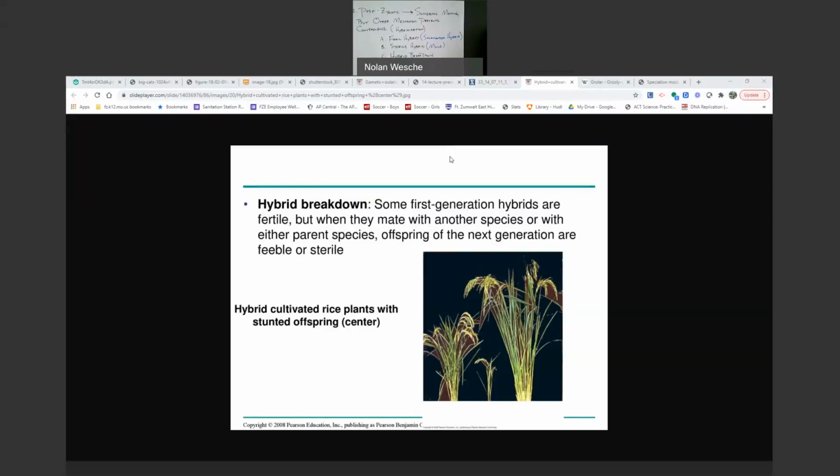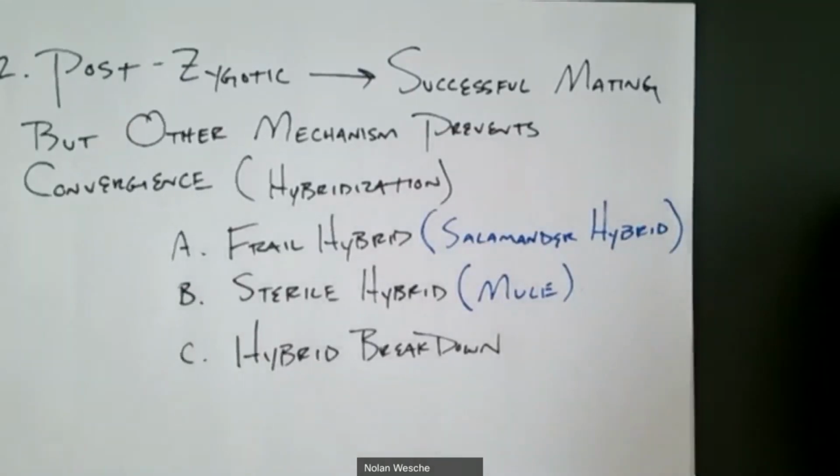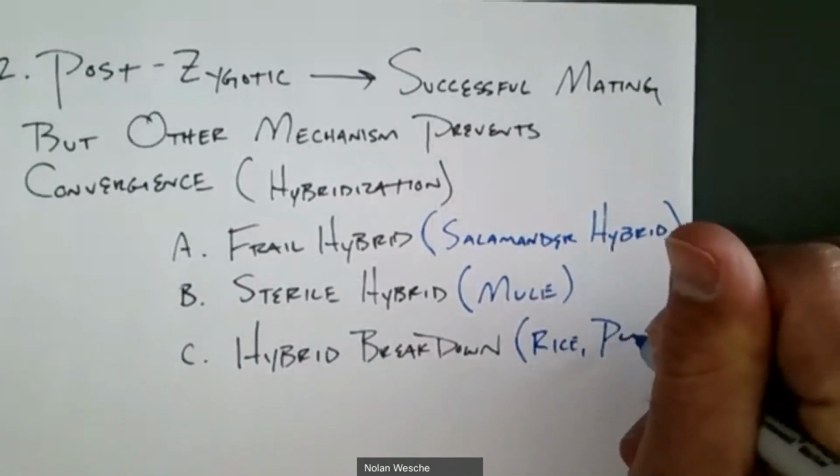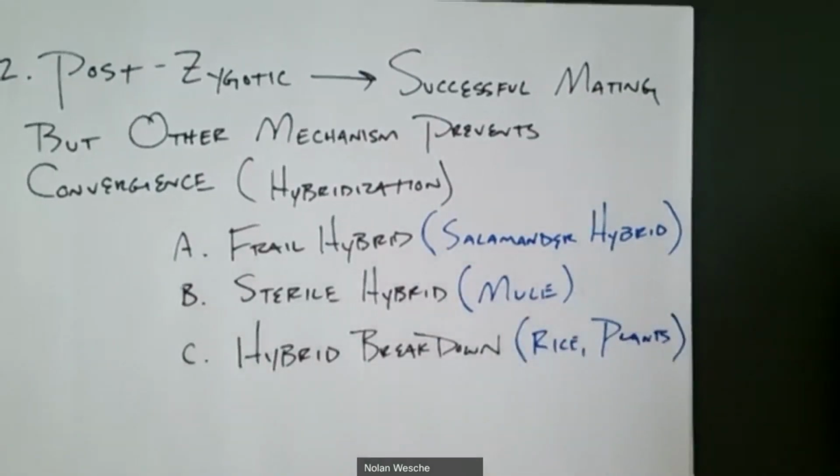So you breed those together, and you get an effective hybrid, but in the next generation or future generations, what results are feeble and or sterile, stunted offspring. So this would be the hybrid losing that hybridization, reverting back to either one of the parent species or just a stunted offspring that doesn't really thrive. So again, we'll just say that this can happen a lot in rice or plants in general, where we can lose that hybridization.